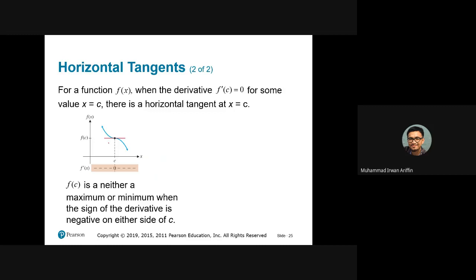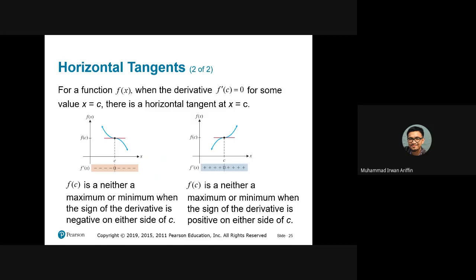In this case, we still have a horizontal tangent, but since the sign of the derivative is negative all the way, f of c is neither a maximum nor a minimum. Similarly for this example, because it goes up all the way, the horizontal tangent is neither a maximum nor a minimum. So these are the four cases that we have discussed before, where we have horizontal tangents.